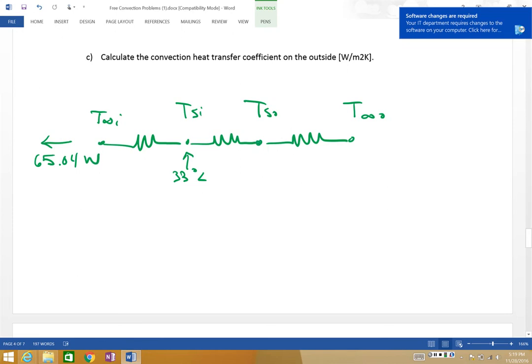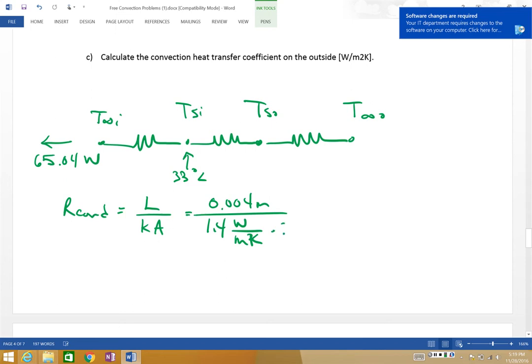I'm going to find T surface outside first. So R conduction is L over kA, where L is the thickness of the glass, 0.004 meters, 4 millimeters. Conductivity of glass, you can look it up in your book, is 1.4 watts per meter Kelvin.